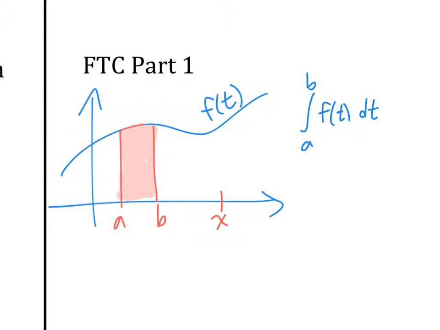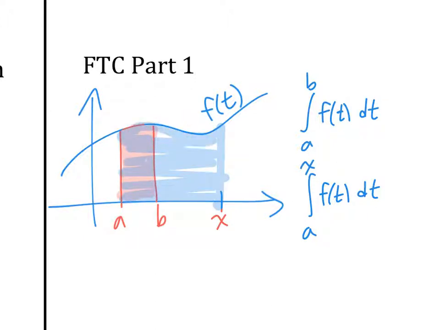So the area underneath this curve is the integral from A to X of f of t dt. The only difference is that because X is moving, we are not going to have a set number until X is set. Does that make sense?